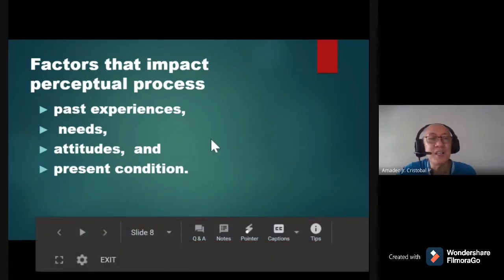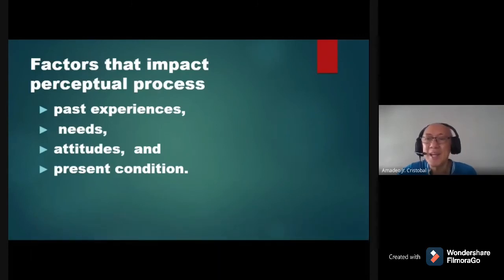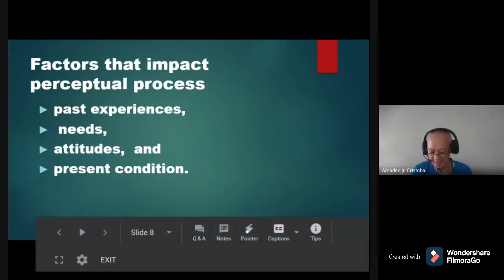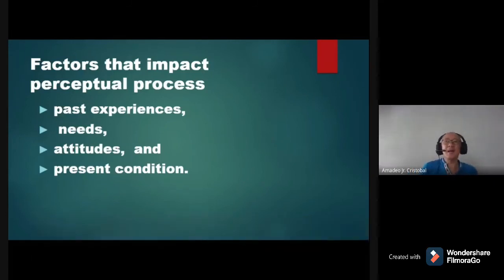Then, of course, another factor is the needs. Your need has something to do with the level of perception that you're going to have when you are receiving something from the environment.